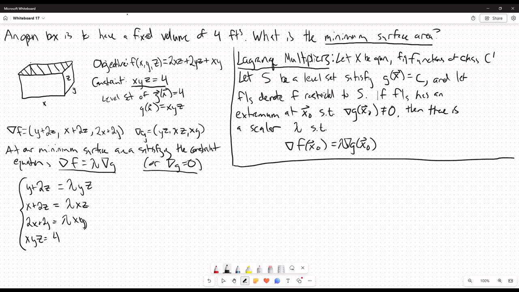Let's start with, just to get it out of the way, the gradient of g equals 0. Is that possible? Well, this happens at, we look at the gradient of g, it's yz, xz, xy, and you can convince yourself that at least two of the things need to equal 0 for the gradient to equal 0 at a place where I can even say at least one variable equals 0.